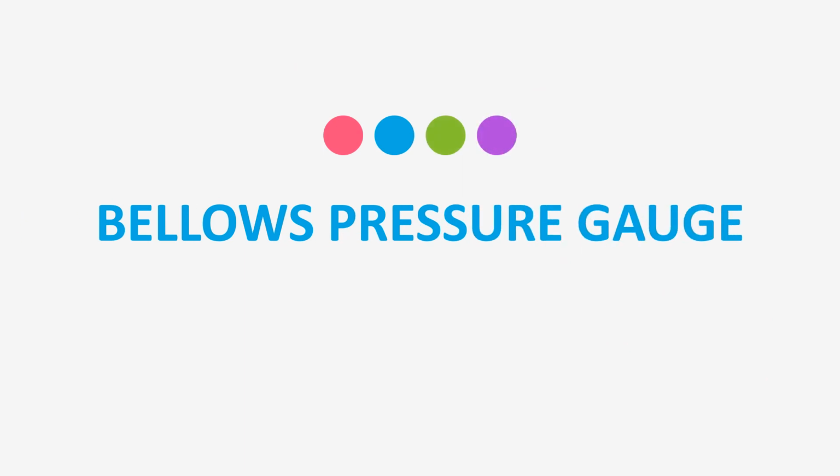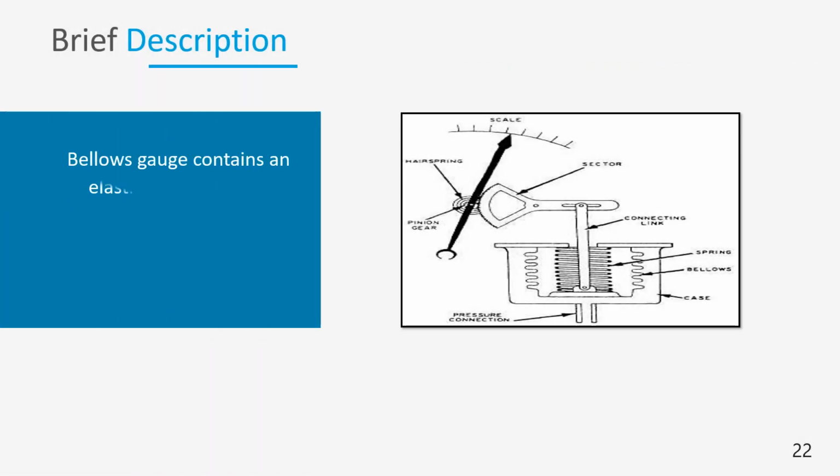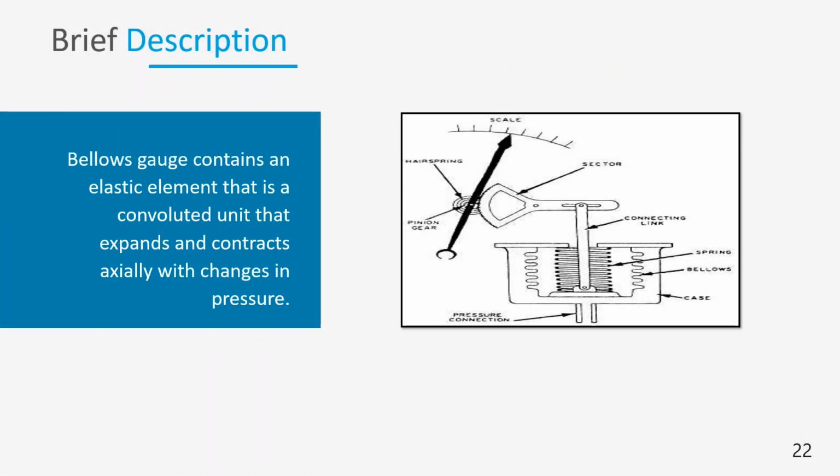And then we have the bellows pressure gauge. Brief description of the bellows pressure gauge. A bellows gauge contains an elastic element that is a convoluted unit that expands and contracts with changes in pressure.